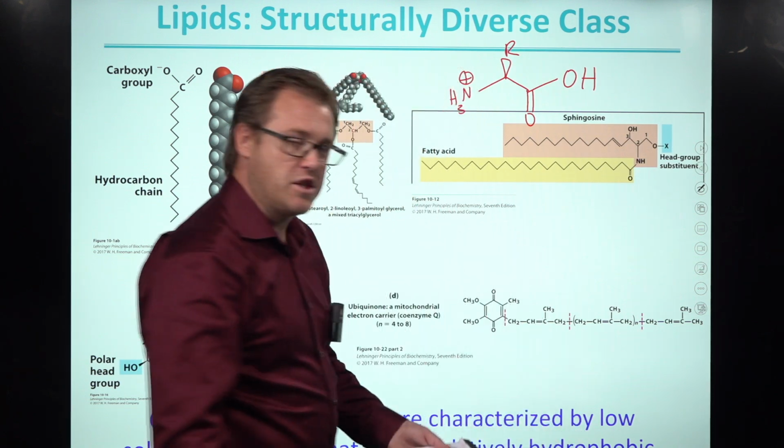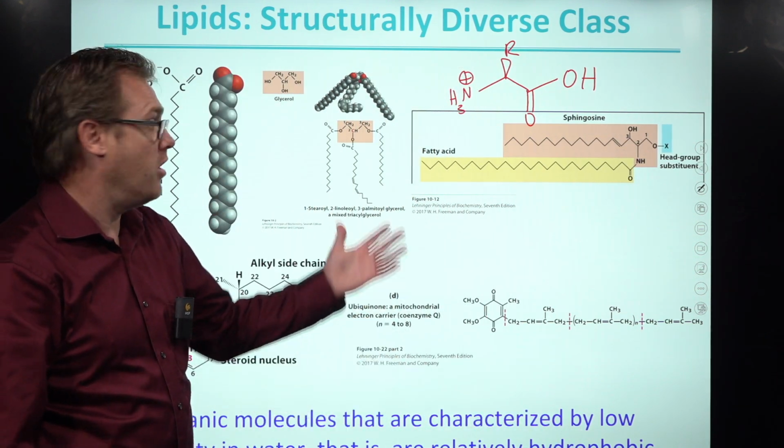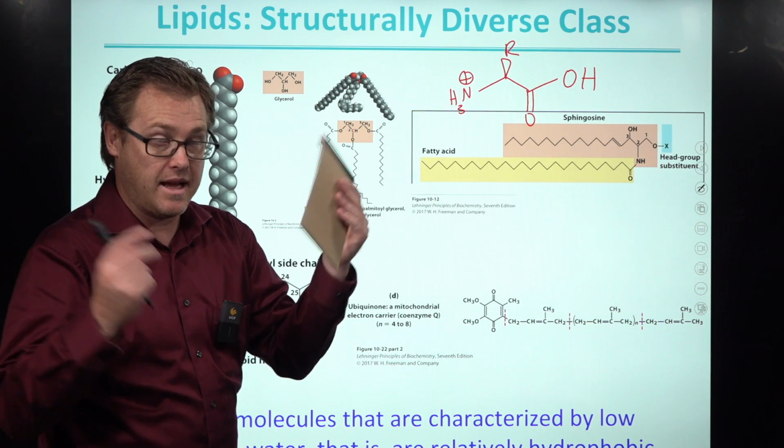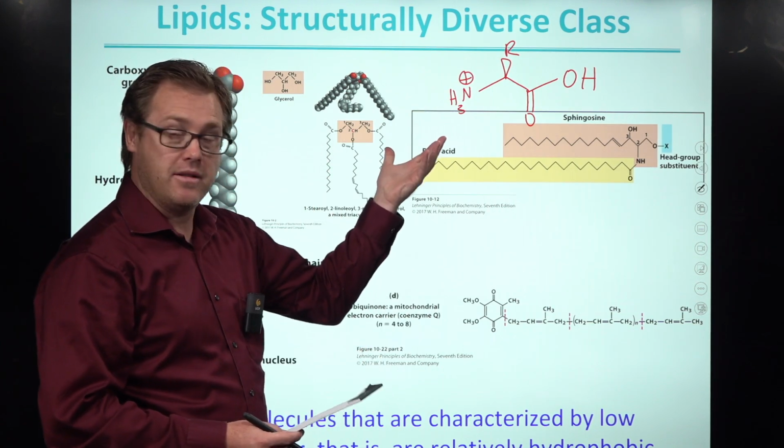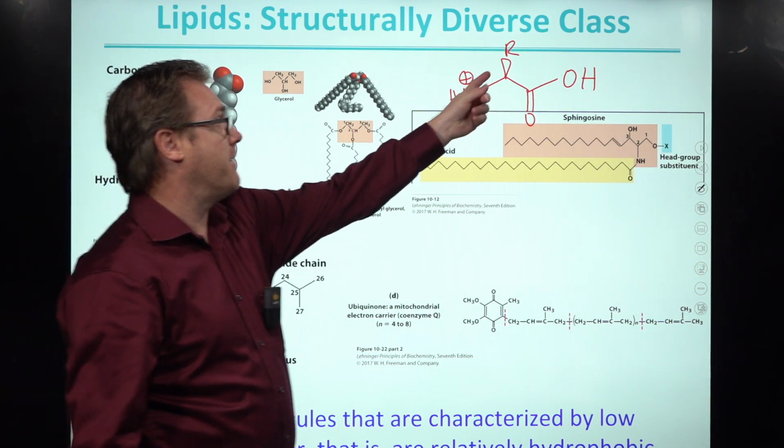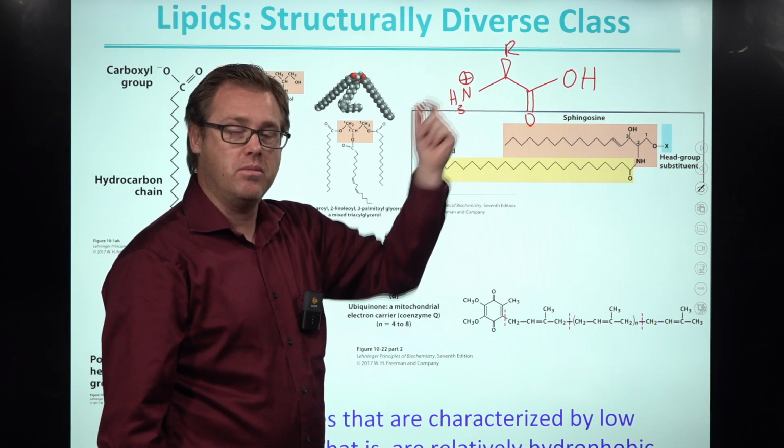That generic structure is an amino acid. All amino acids, or should I say L amino acids, would have that look. All you would have to do is change the side chain, boom.